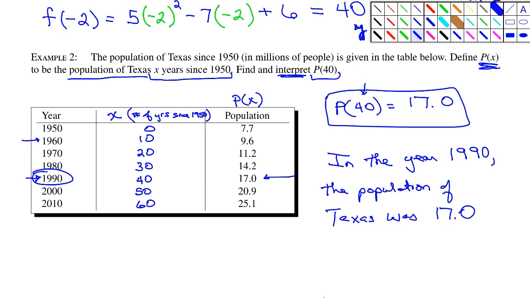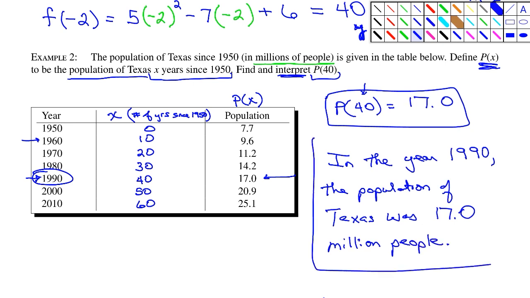Certainly the population of Texas wasn't 17 people in 1990. What did this population, how was that represented? It's right here. Millions of people. So we're going to go with 17.0 million people. And that's the clear interpretation.